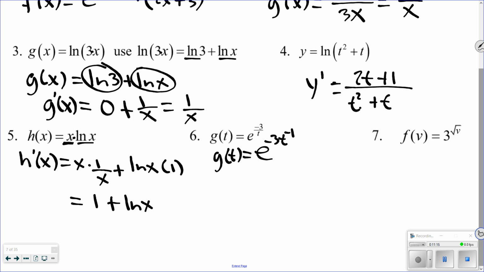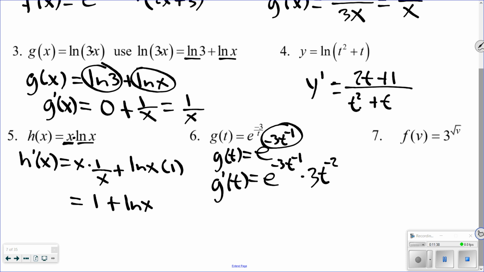Okay, so now take the derivative. g prime of t is equal to the e to the negative 3t to the negative 1 stays the same. You've got to multiply that by the derivative of the power. So let's take the derivative of that. Drop the negative 1 down. Negative 3 times negative 1 would be 3. And subtract 1 from the power. Okay, that's my answer.